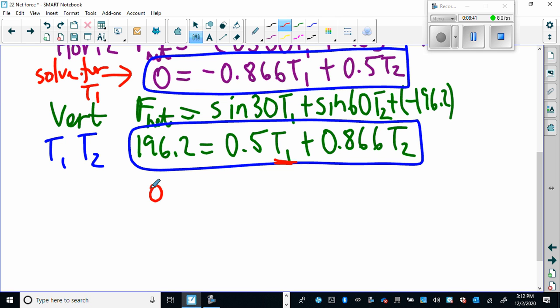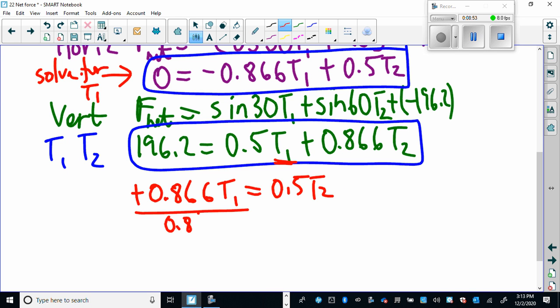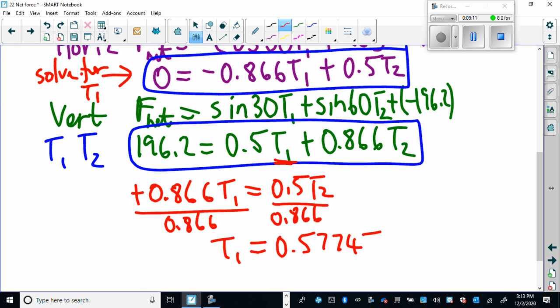Let's just move this negative over to this side so it becomes positive. 0.866 T1 equals 0.5 T2. We're going to divide both sides by 0.866, and then we get T1 equals 0.5774 T2.